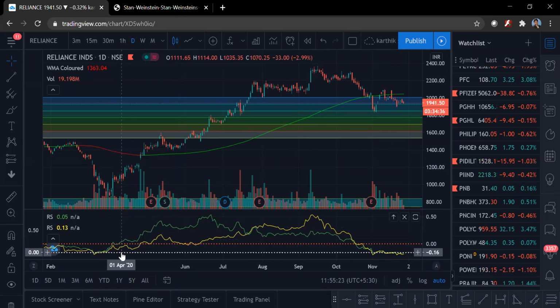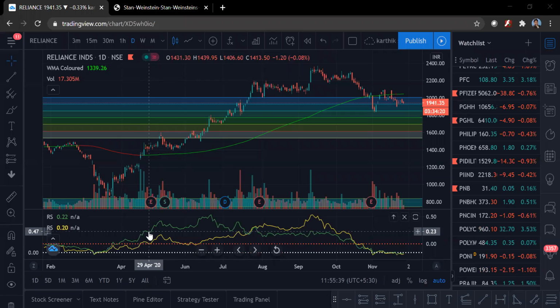I'll explain again. See this green line, it is a relative strength indicator, and the yellow line is also a relative strength indicator.